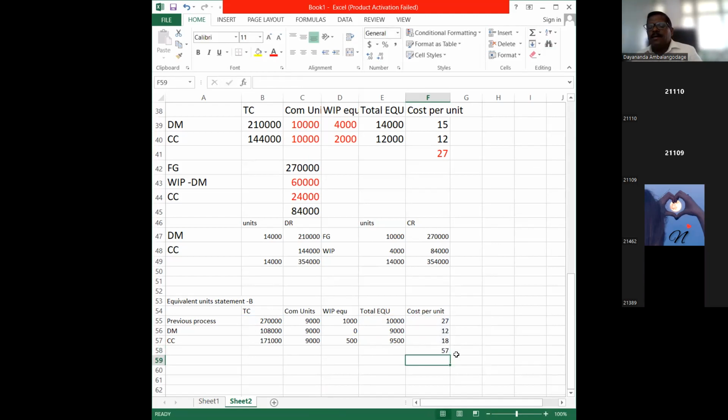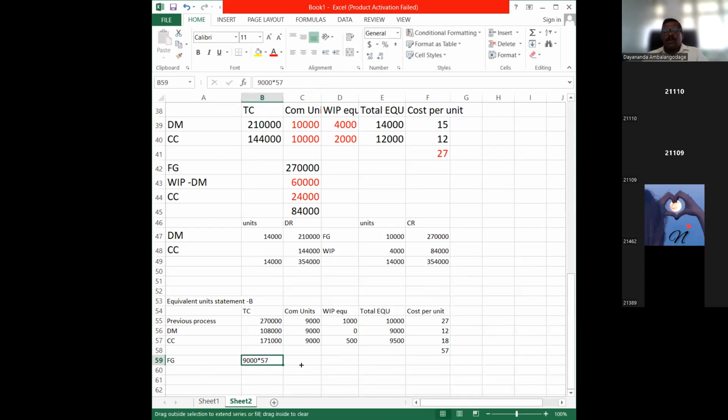Total cost would be 57. So you can do the valuation. Valuation is important. You can do the finished goods valuation. How much finished goods? 9,000. I will just tell you how to calculate: 9,000 into 57, the total cost.